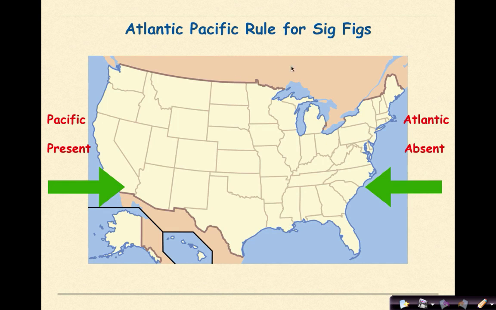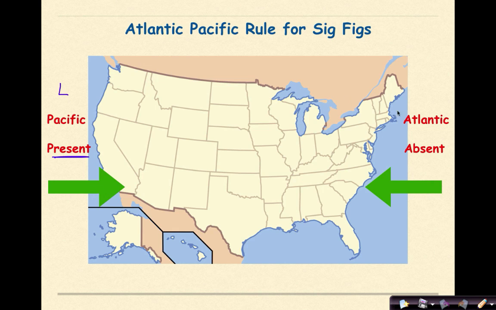All right, we've been talking a lot about significant figures here. If you have forgotten how to figure them out, here's a little reminder. I like using the Atlantic-Pacific rule in terms of the decimal. If a decimal is present, you start at the left-hand side, the Pacific side, and go across until you find your first non-zero number, and then every number, including that non-zero number, is significant.